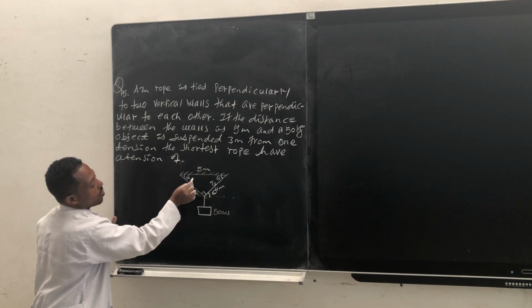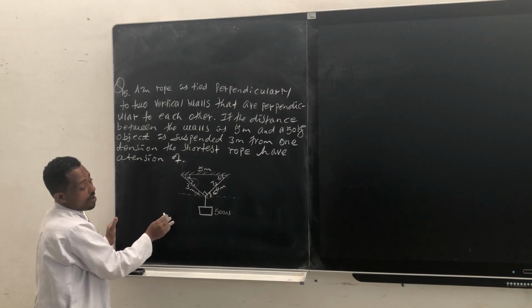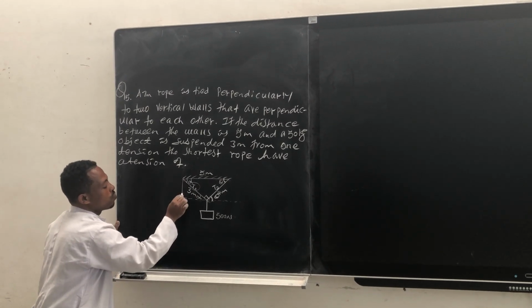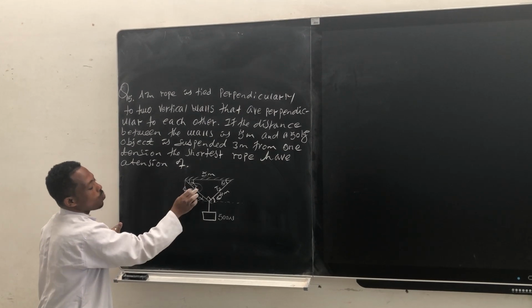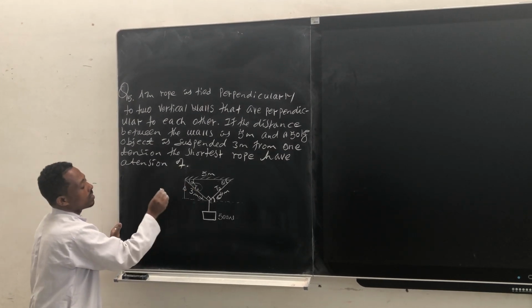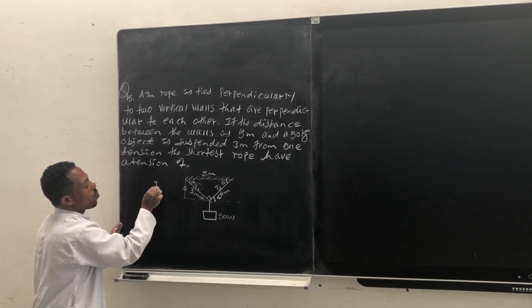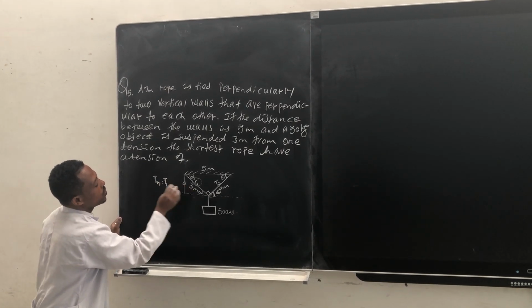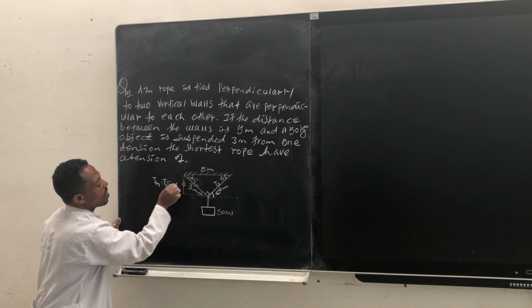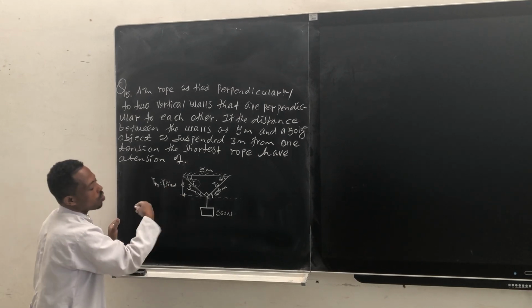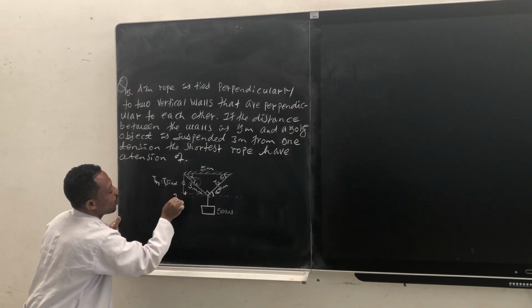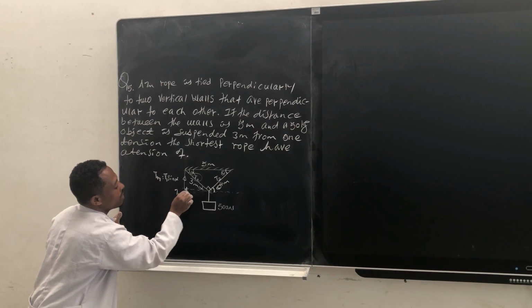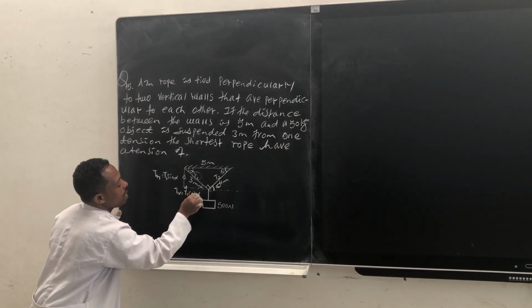And then look, tension 1 is a vector. So we have to find its y component and its x component. T1y becomes simply T1 sine of alpha. And its x component, T1x becomes simply T1 cosine of alpha.